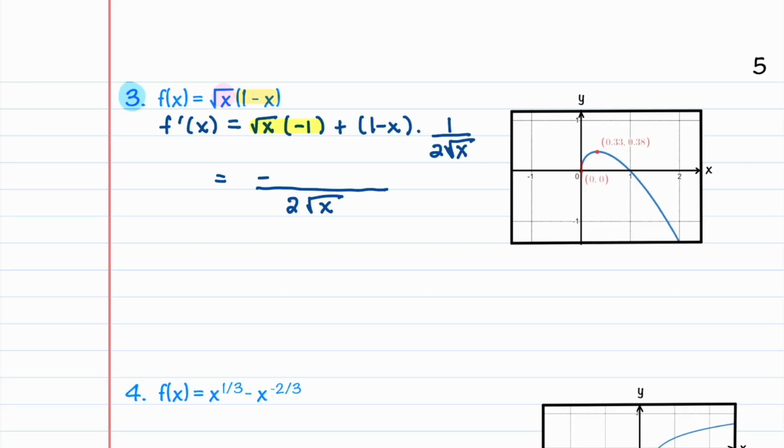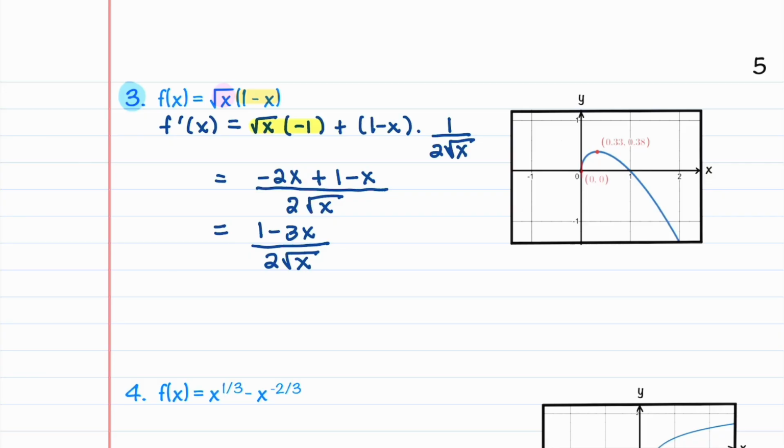So that gives us a minus 2 root x times root x is x. So we have minus 2x. And then from the other piece, we have a 1 minus x. This gives us 1 minus 3x in the numerator. And then in the denominator, we have 2 root x.